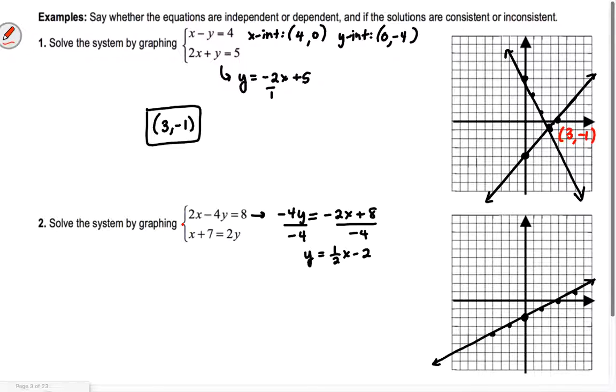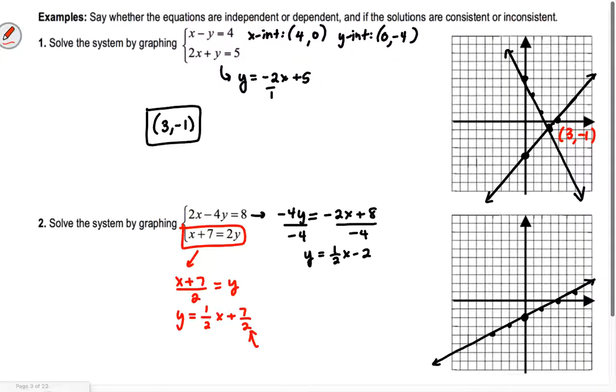Okay, and then this other line, if I solve for y, I'm just going to divide that 2 over. So I'm going to get y equals 1/2 x plus 7 over 2. That's a little bit harder, right? 7 over 2. What do you think, Caleb? What's the y-intercept? Where do I go? Nope. It's 3.5, right?